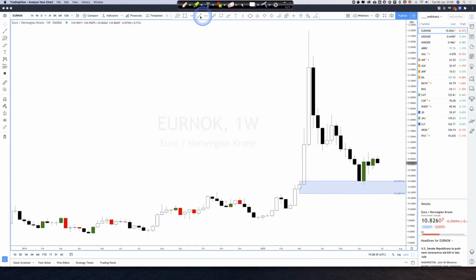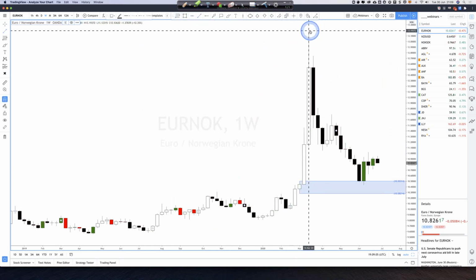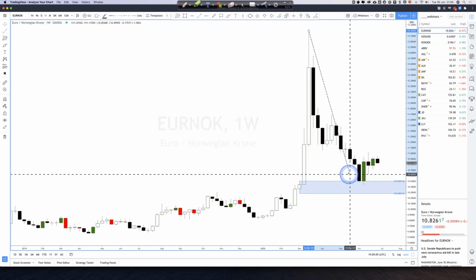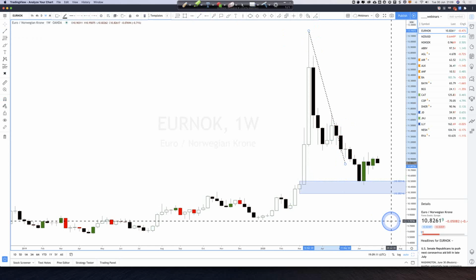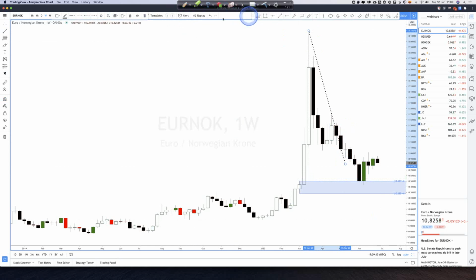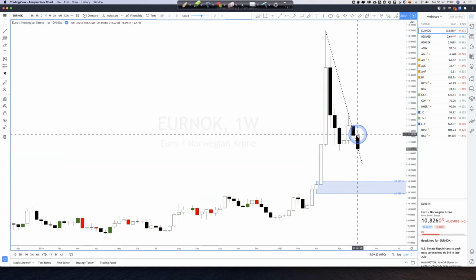So the trend line would connect the upper peak there, and then this is another peak. But some people will draw the trend line like this. That would have been valid if we had had price action like there, or even one candle before.